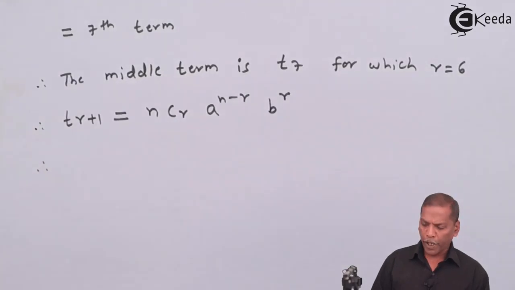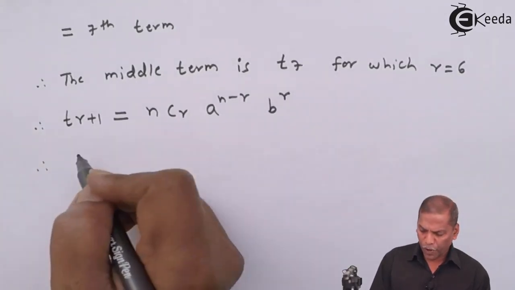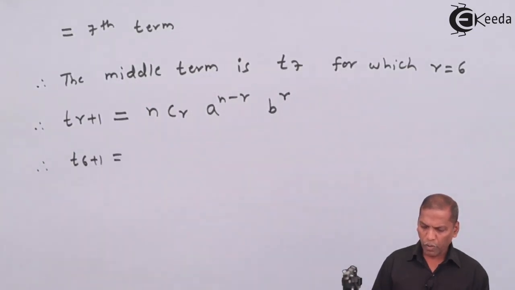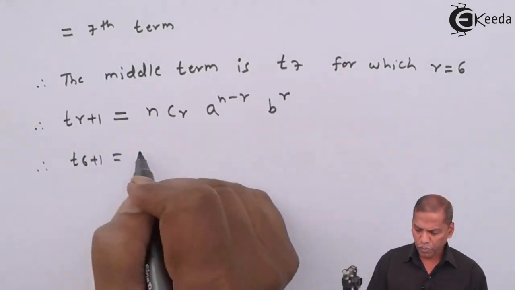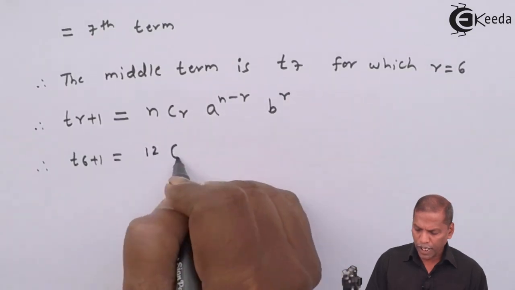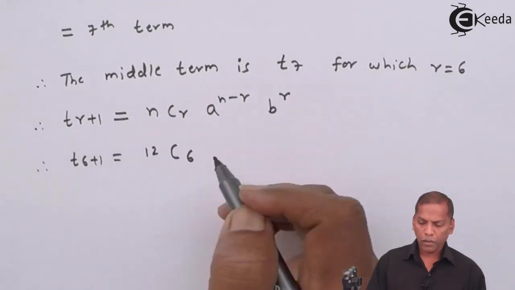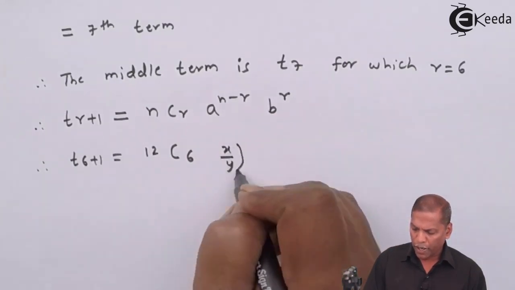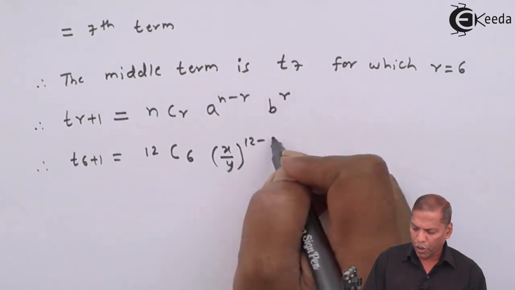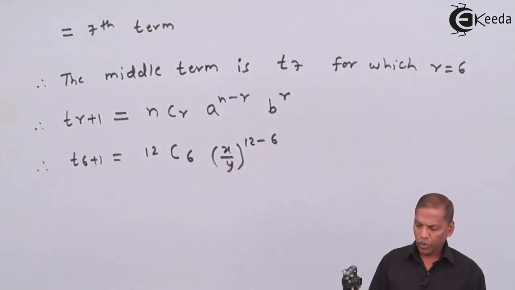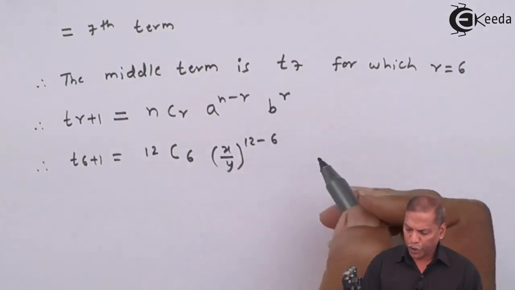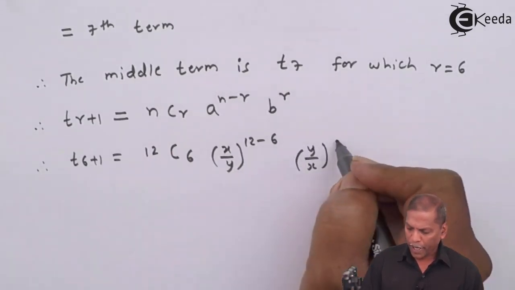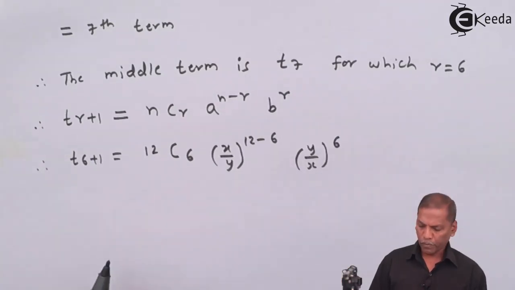The next step will be T suffix 6 plus 1 is equal to 12C6, for a we substitute x upon y whole bracket raised 12 minus 6, and for b we substitute y upon x whole bracket raised 6.